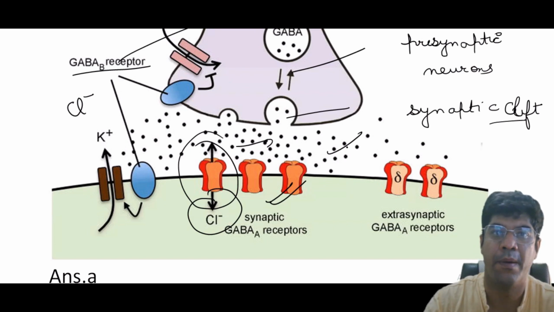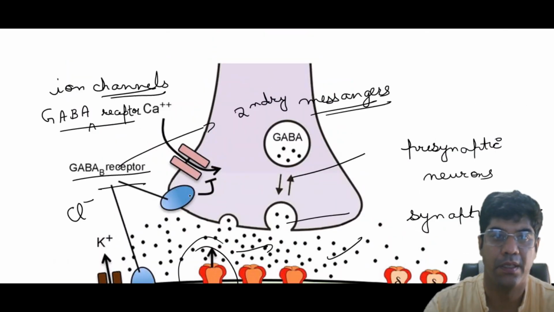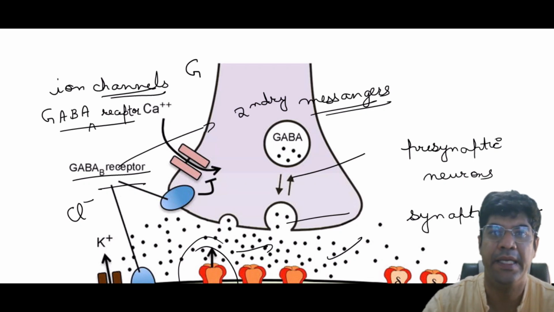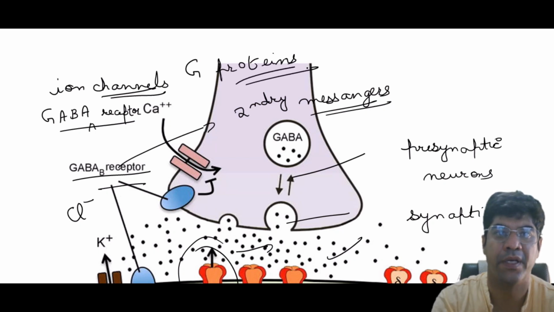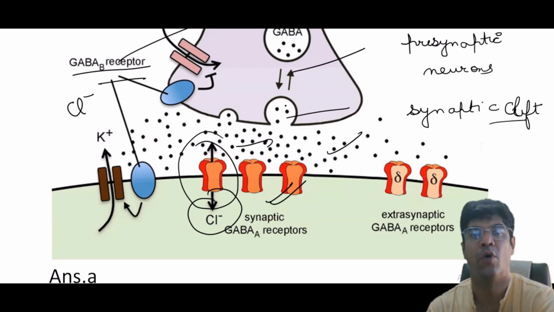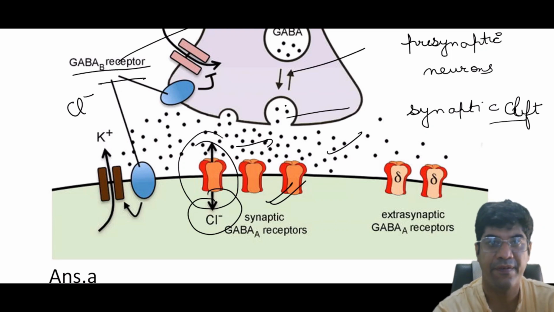Similarly, there are GABA B receptors. When GABA binds to GABA B receptors, it activates G proteins, and it can cause opening of potassium channels, allowing potassium ions to leave the neurons, making the inside more negative.